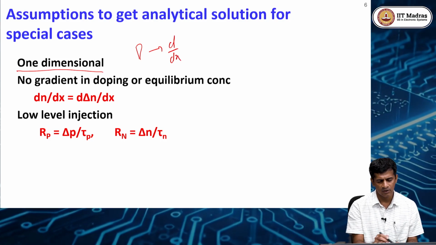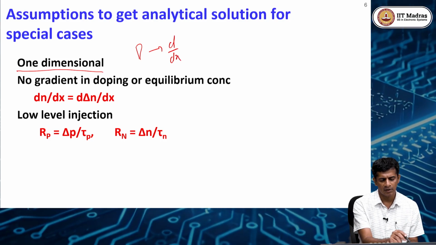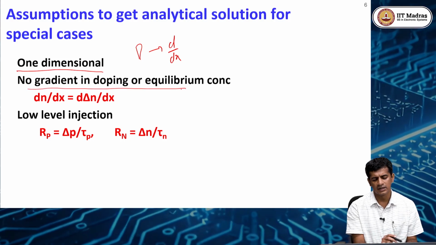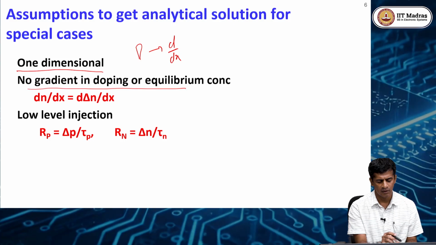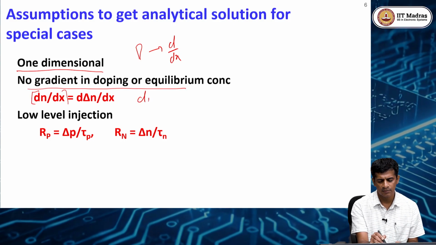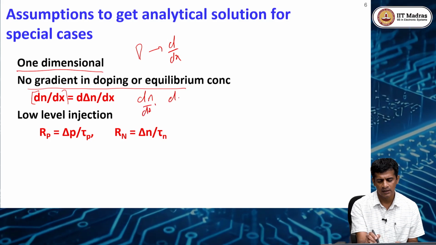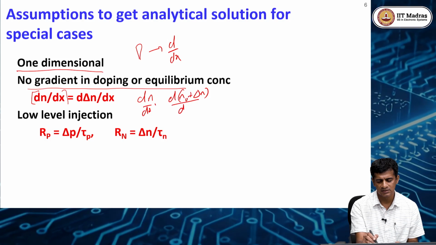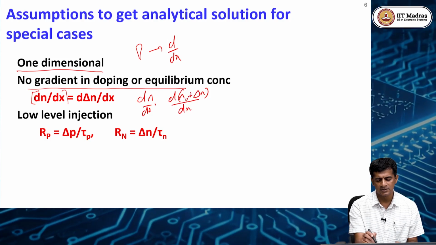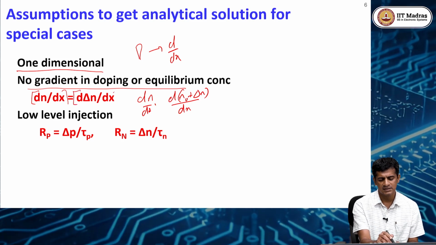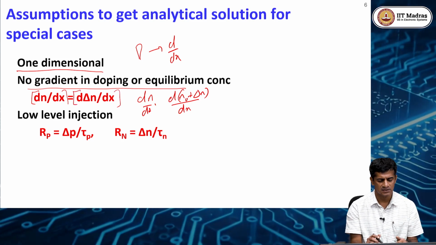Then we will take a uniformly doped semiconductor, so there is no gradient in the doping. That means dn by dx is d of n0 plus delta n, but dn0 by dx is zero, so you need to worry only about how the excess carrier concentration varies over distance.